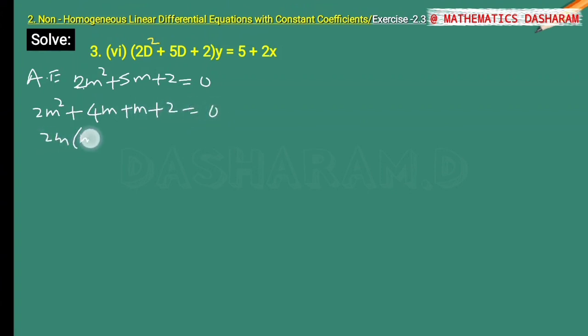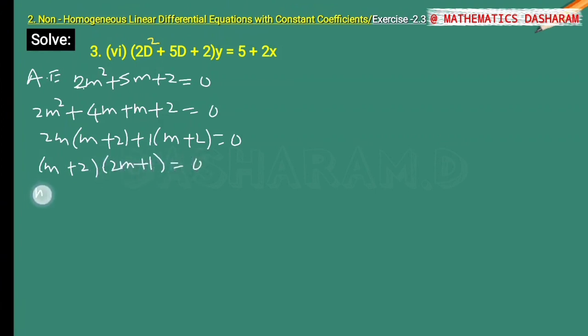Take 2m common, then (m plus 2), plus 1 common, (m plus 2) equals 0. Here (m plus 2) common, then (2m plus 1) equals 0. m plus 2 equals 0, 2m plus 1 equals 0. Here m equals minus 2. Here m equals minus 1 by 2.